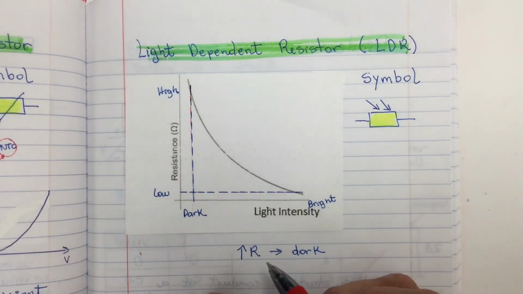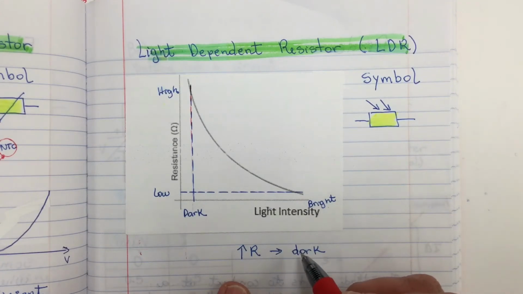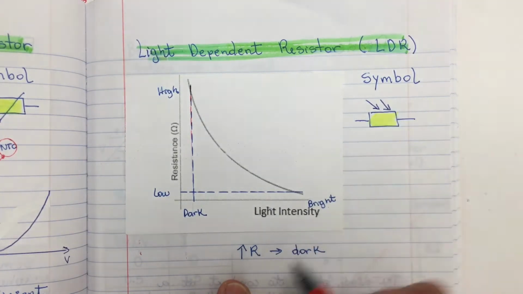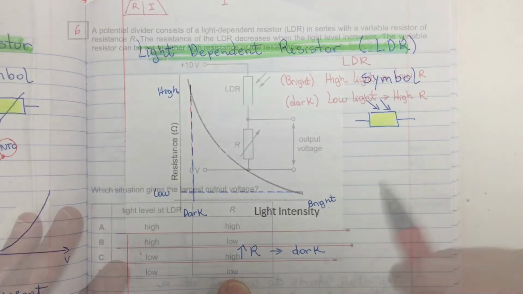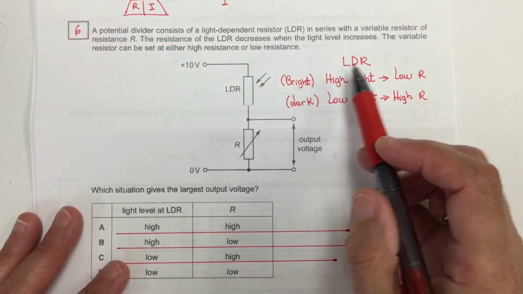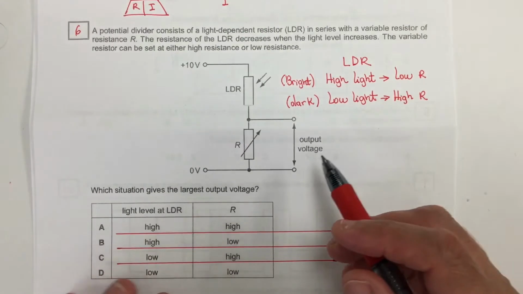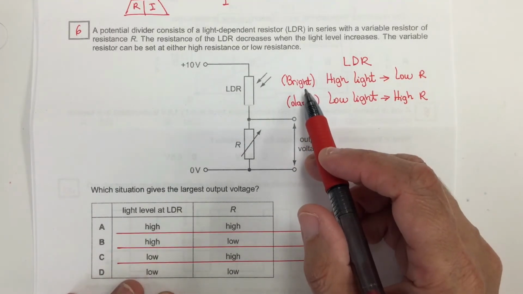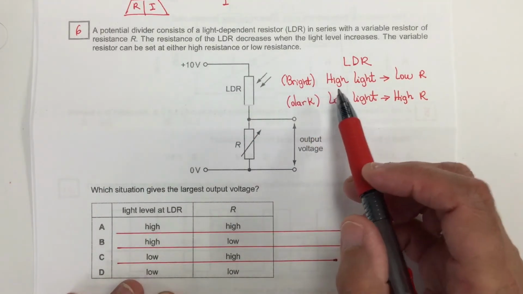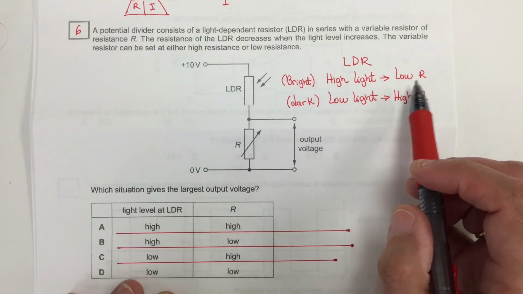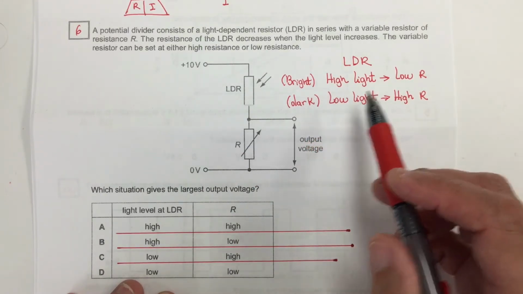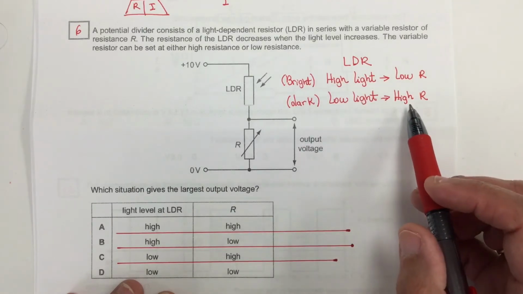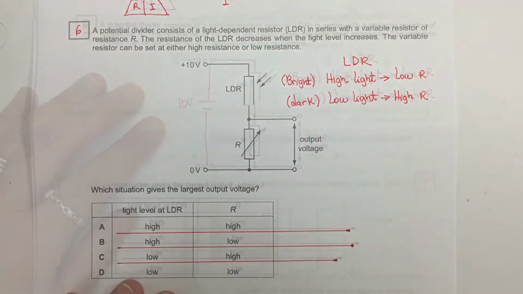In other words, that's how the LDR can be summarized: when it's bright, the LDR has a low resistance, and when it's dark, the LDR has high resistance.